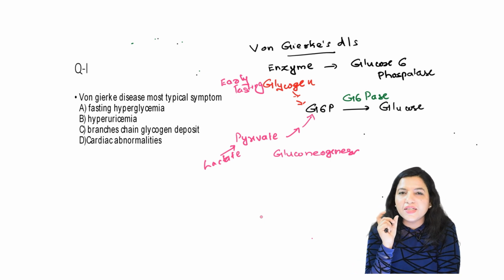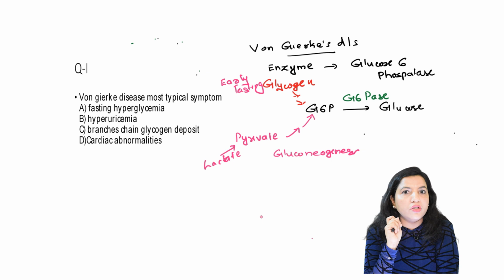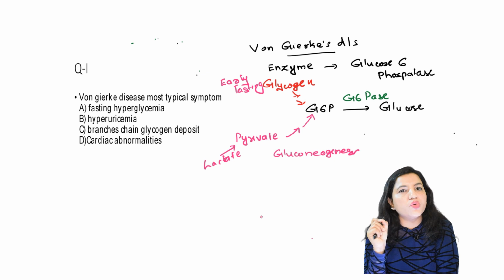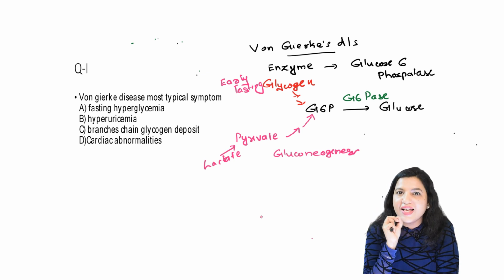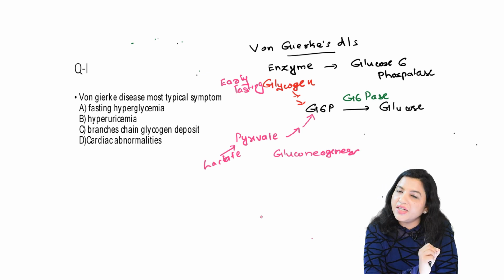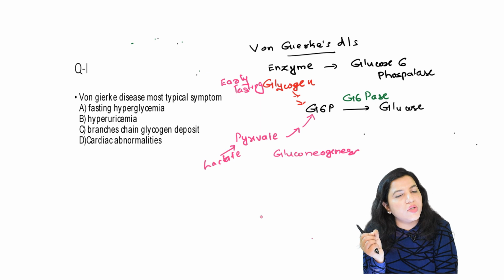But what happens here? The gluconeogenesis is also not taking place. So in von Gierke's disease, two pathways are affected, glycogenolysis as well as gluconeogenesis, which means the body's blood glucose level cannot be maintained in the early fasting state as well as in the fasting state. Because in the early fasting state, glycogenolysis will not take place.